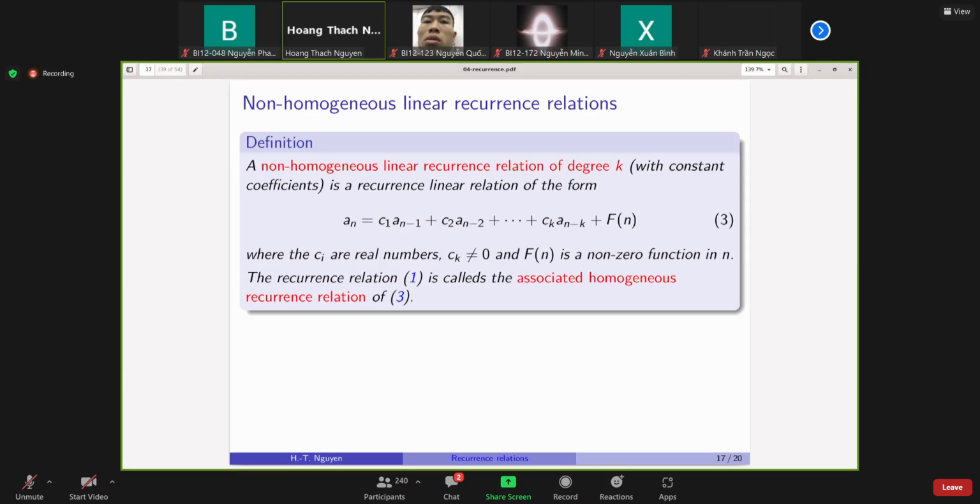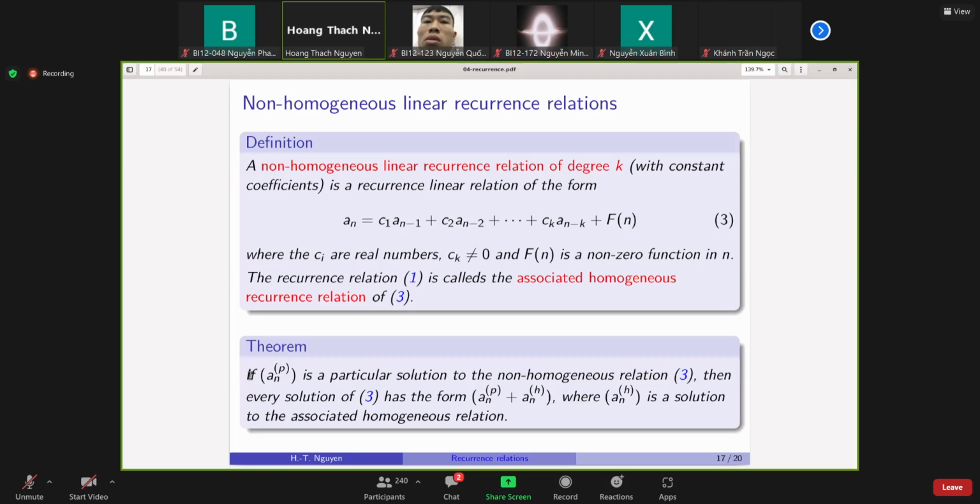Okay, so here you have the same situation. In order to solve a non-homogeneous linear recurrence relation, we will first have to solve the associated homogeneous linear recurrence relation. Okay, so the idea is that you can find the parallel between this and the solution of a linear system.